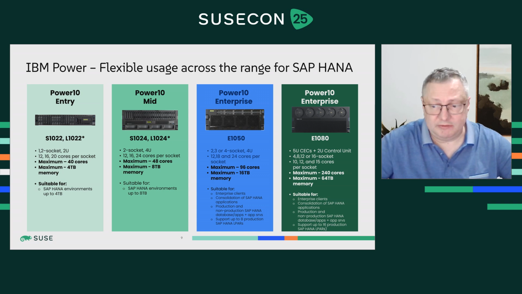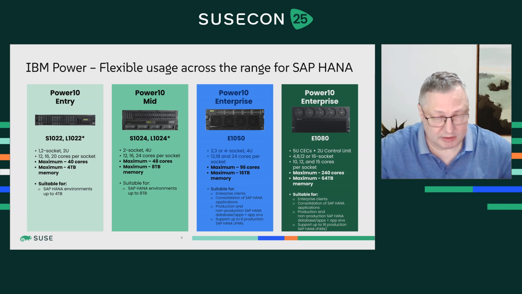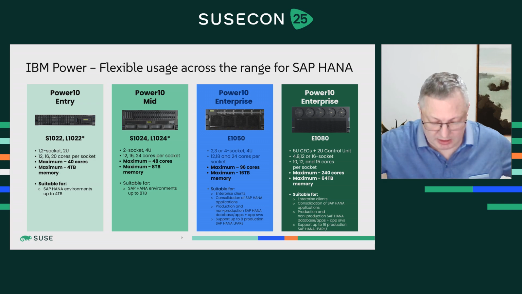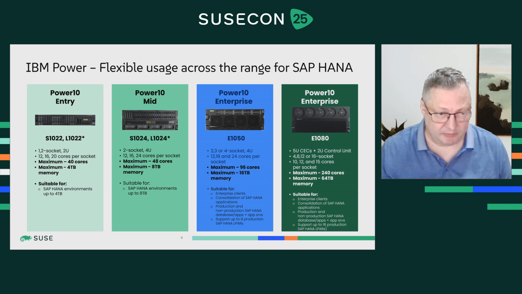All of them are certified for SAP. All of them are certified to run SUSE Linux. So you will get the same reliability and the same advantages on the smaller system as much as on the highest enterprise system.